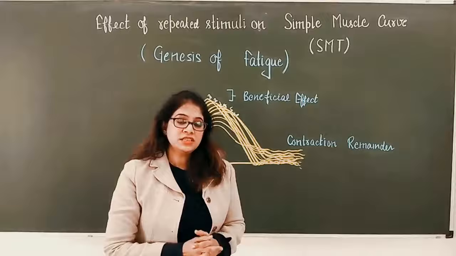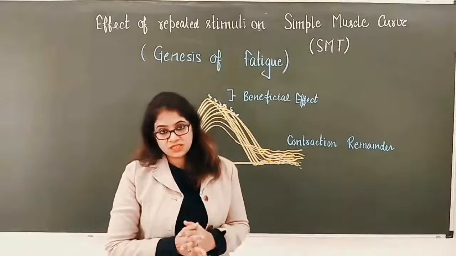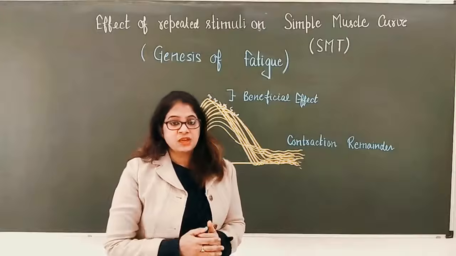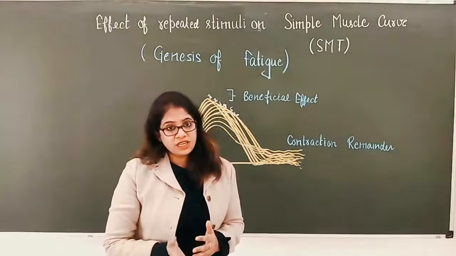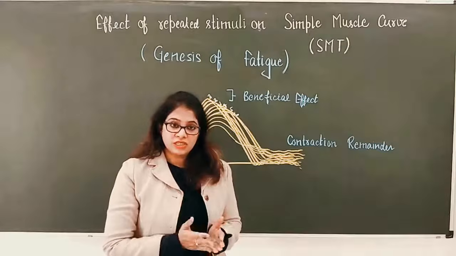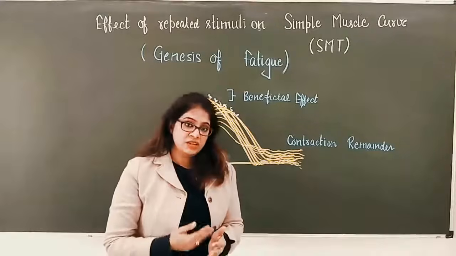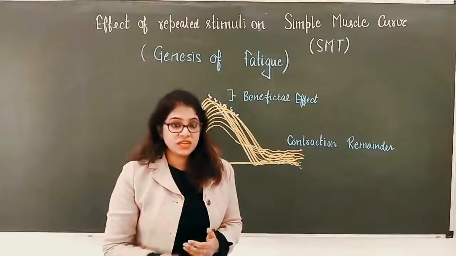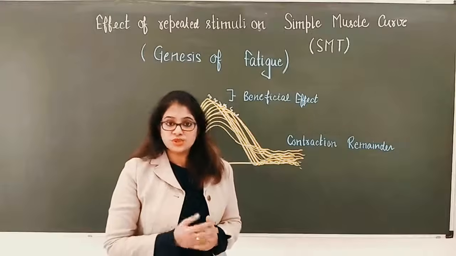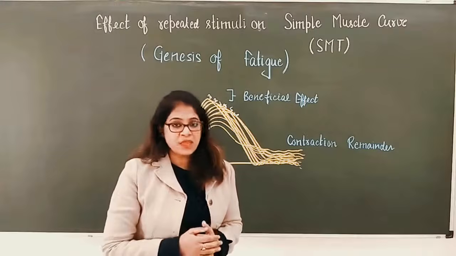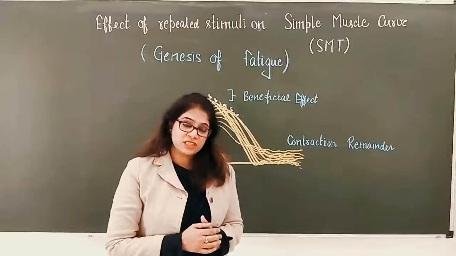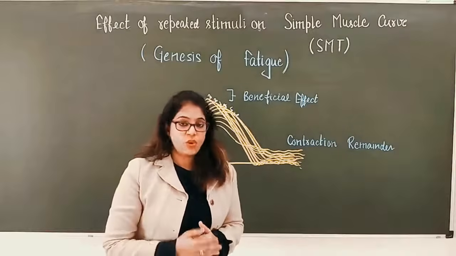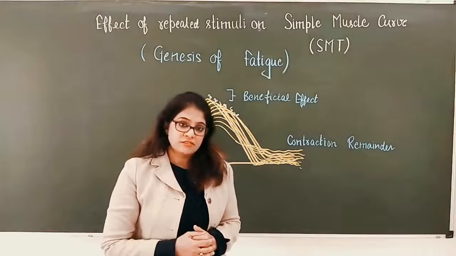Fatigue is the decreasing working capacity of the muscle or cell on repeated contraction. What is the cause of fatigue? On repeated stimuli or repeated contraction, there may be decreased nutrient and oxygen supply, there may be depletion of acetylcholine stores, and there may be accumulation of metabolites. All these may be causes of fatigue.